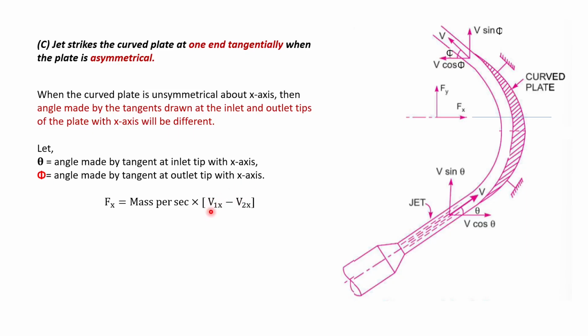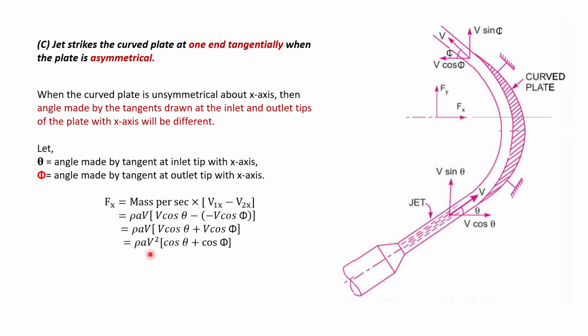So v1x will be v cos theta and v2x will be negative v cos phi. We just put the values in. Mass per second is rho av or rho q, v1x is v cos theta, v2x is negative v cos phi. If we further simplify this equation, we get this, and then we can get this, as we have taken v common here.